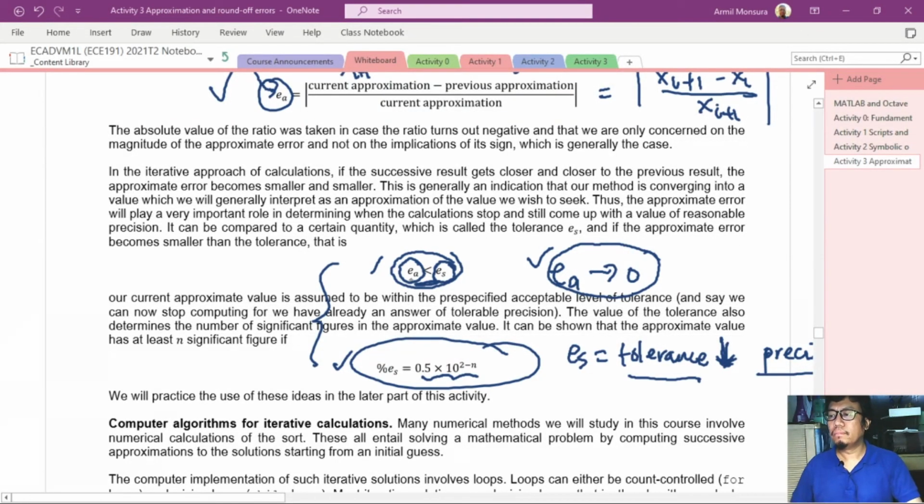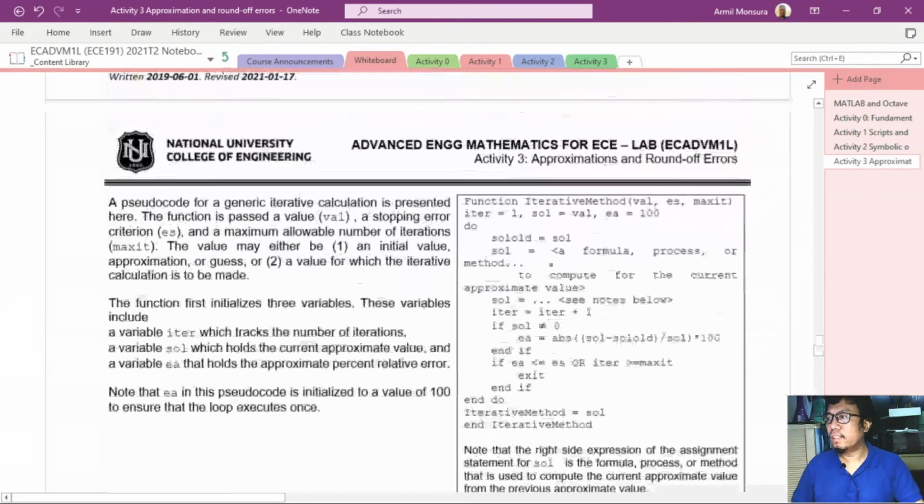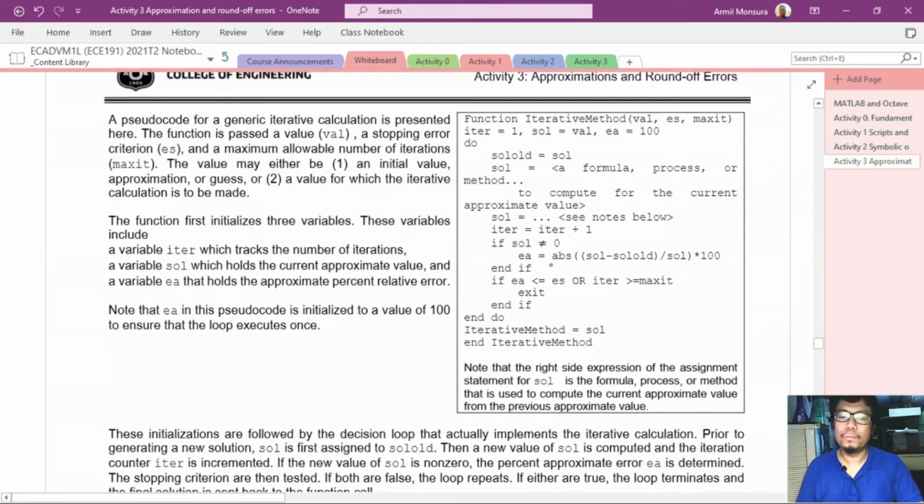Okay. Now, here is where we present a pseudocode for a generic iterative calculation, which you can use as a guide when writing iterative algorithms, a guide but not the general rule.